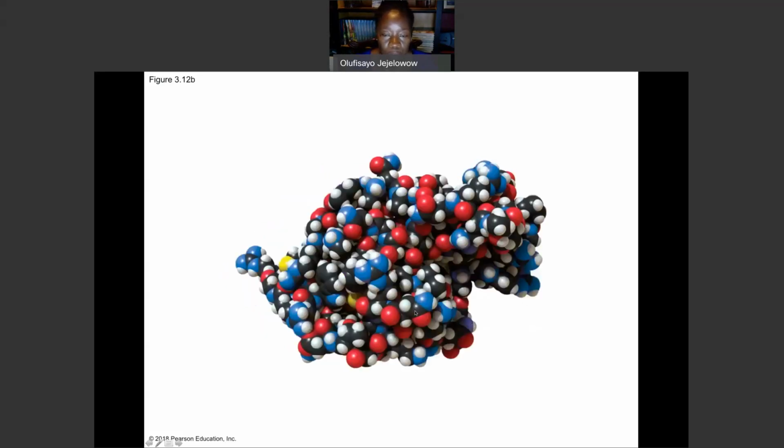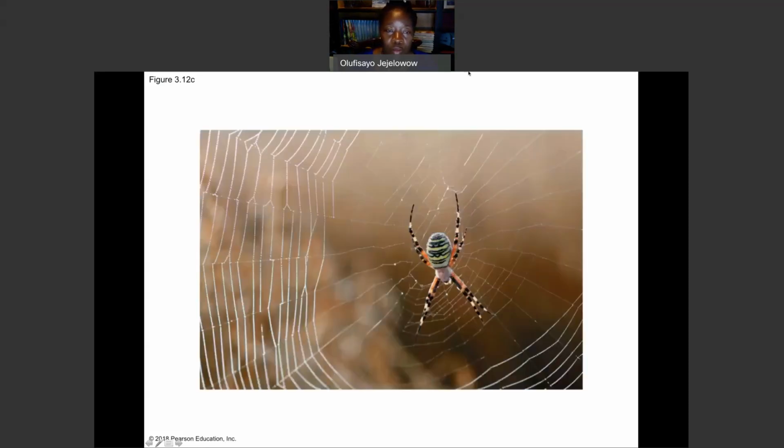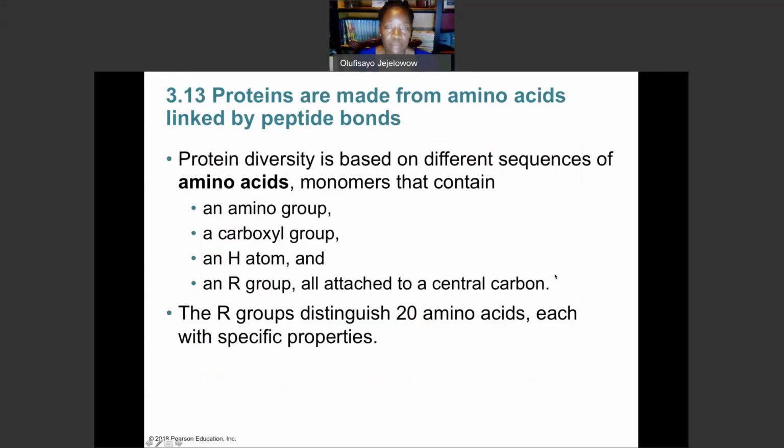So this is illustrating the spider putting proteins together to form these webs in a neat arrangement.